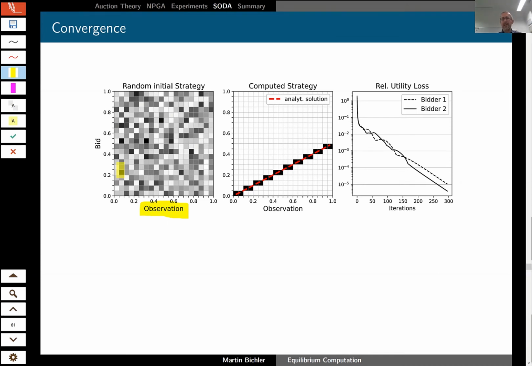And originally this is randomly distributed here. And after, say, 300 rounds, this is what we get, right? So the red line is what you would expect. You all know you play 1/2 of your valuation in this game. So what you would get is essentially a discretized version thereof.